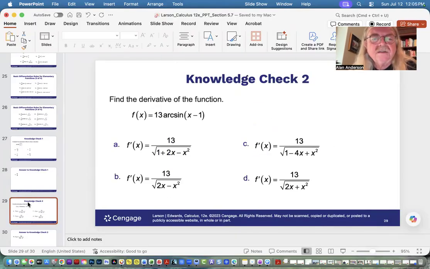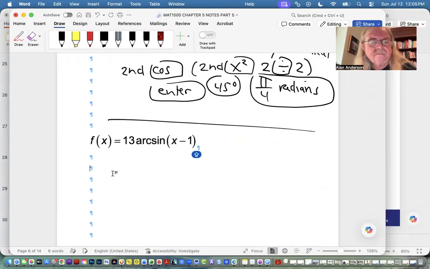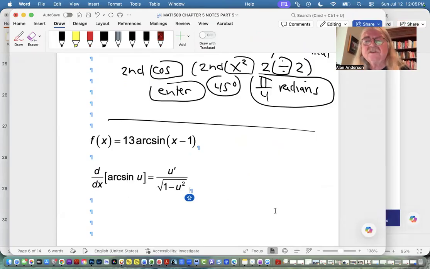This is an arc sine. Just so happens to be right here. Now, of course, the constant, the 13, you can keep that on the outside. Don't worry about that until the end.